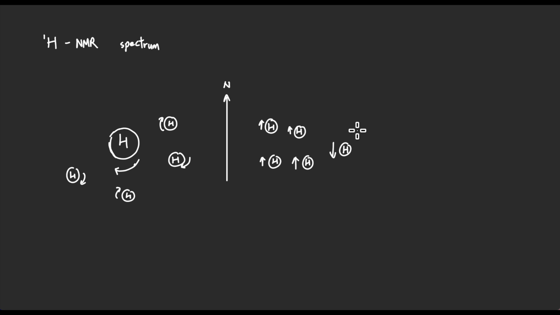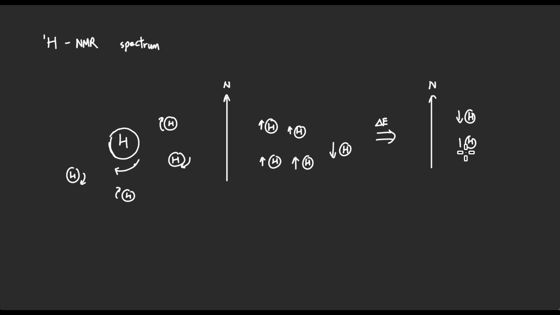So what happens is, if we apply external energy into the molecules, into the hydrogen atoms, they are going to absorb that energy and flip. A spin flip will occur. That means if we apply a sufficient amount of energy, the spin flip occurs, and all of them are going to go against the magnetic field.